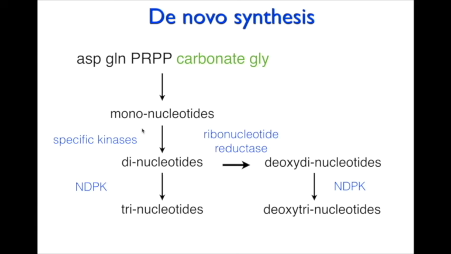Now, for this step here, the specific kinases, each mononucleotide, be it AMP, CMP, GMP, and so on, each mononucleotide has a specific kinase. But for this step here, there's one enzyme that does it, which has broad specificity.